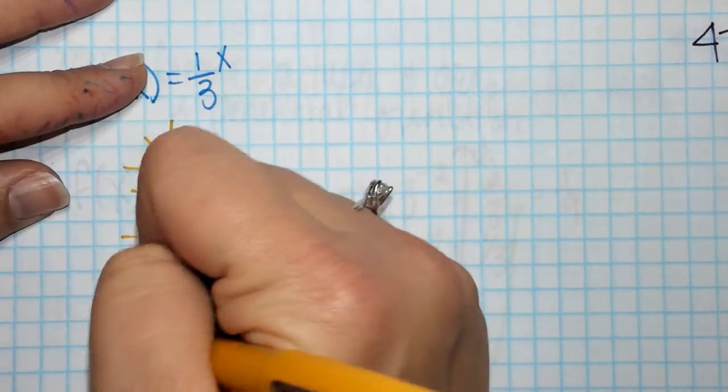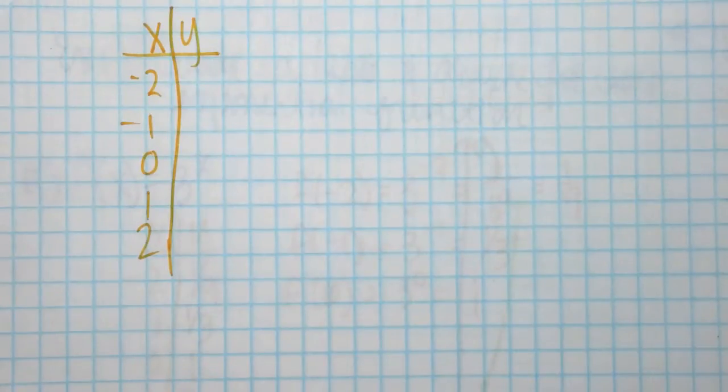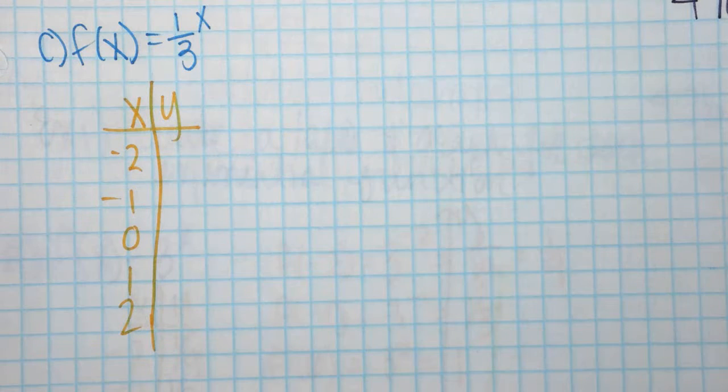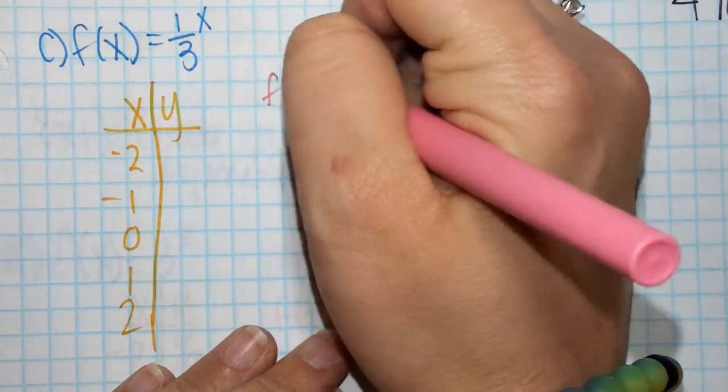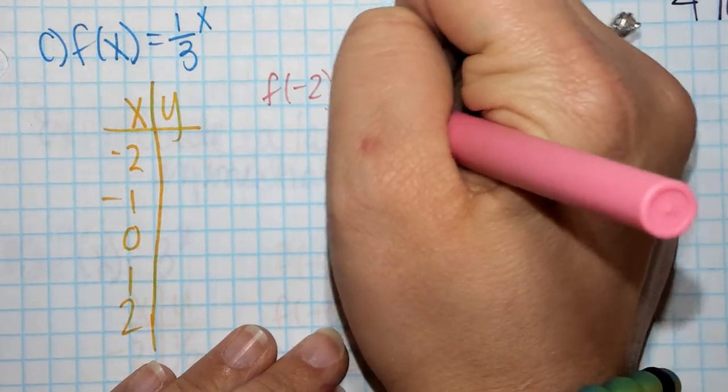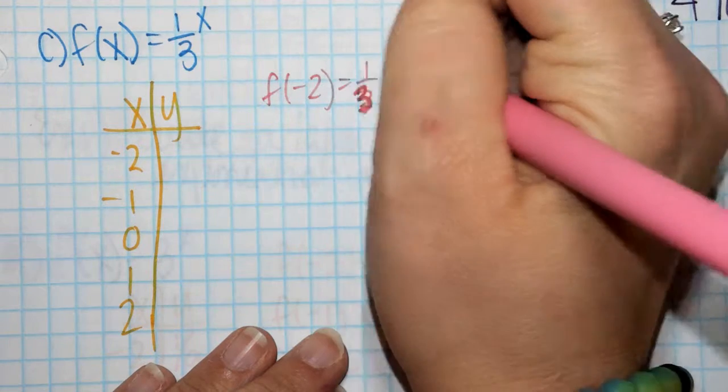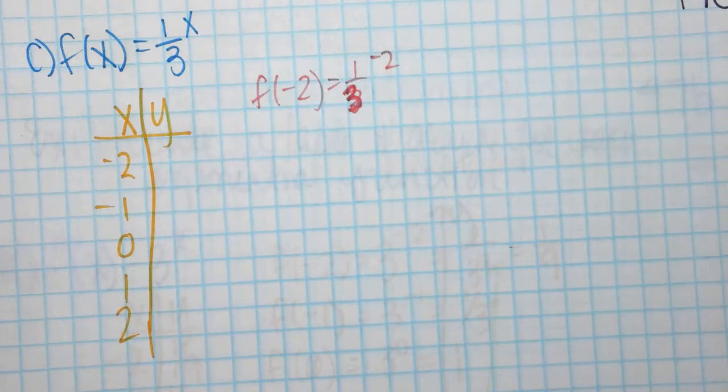Alright, so we're still using the same x values: -2, -1, 0, 1, and 2. Alright, so our function is f(-2) equals 1/3 to the -2. Now, can we have a negative exponent?